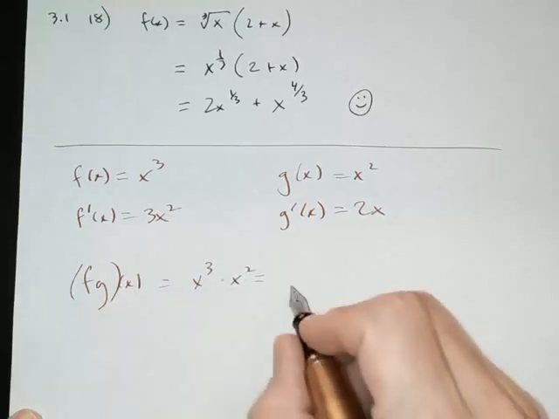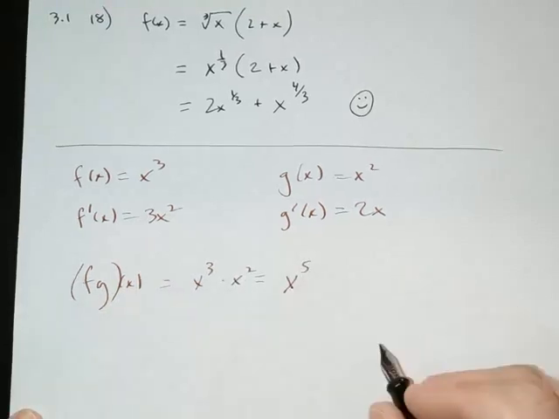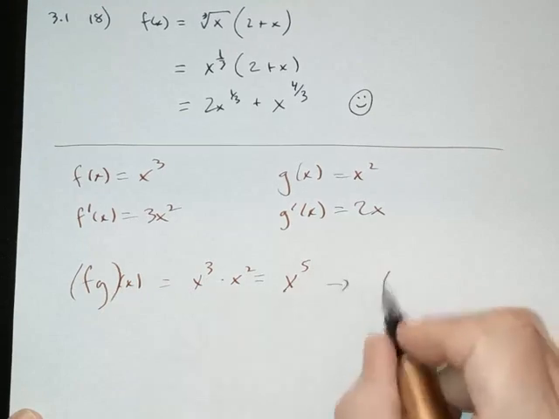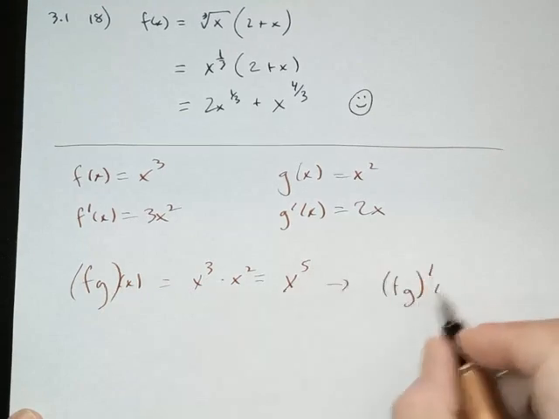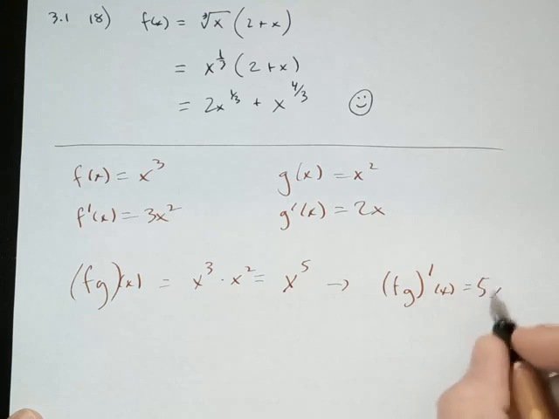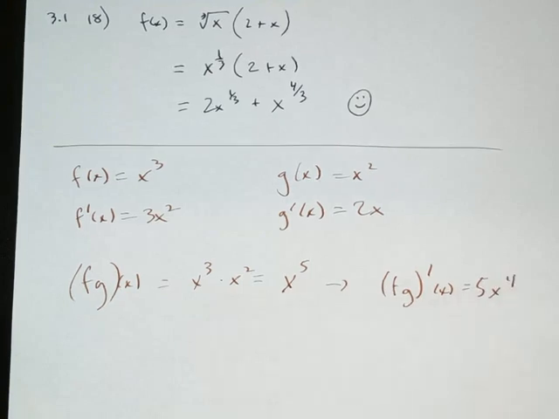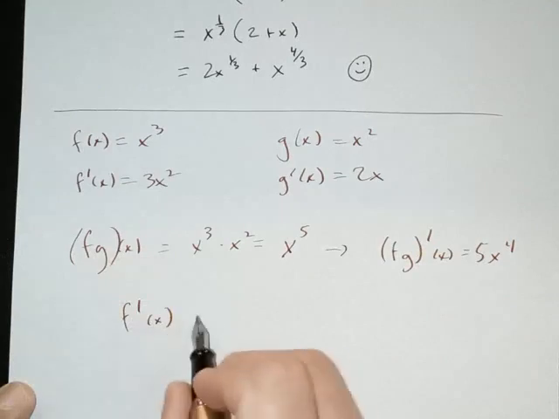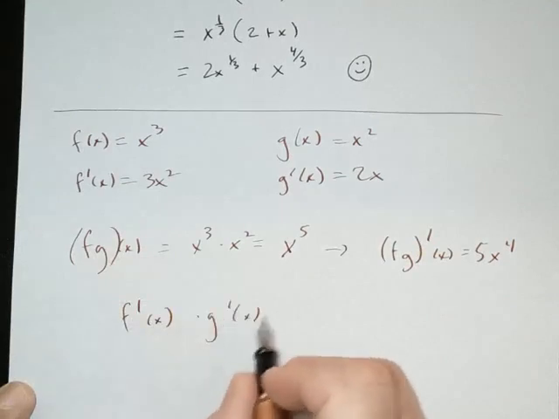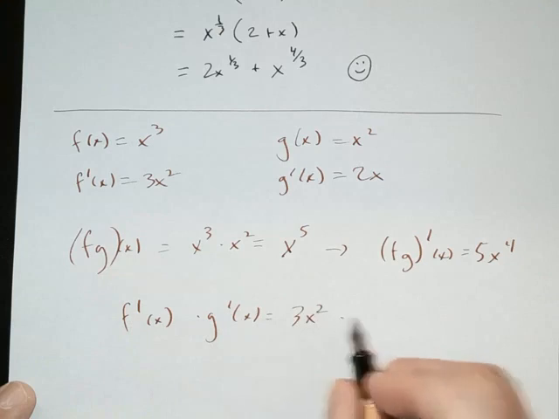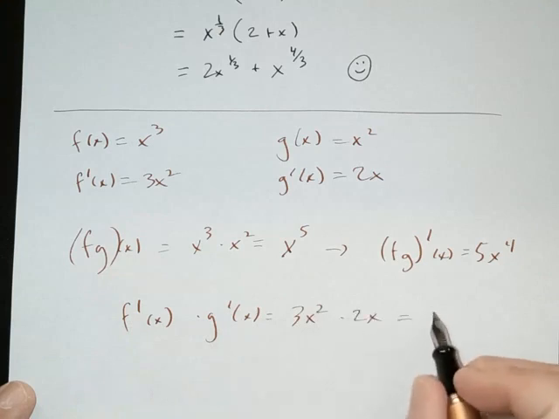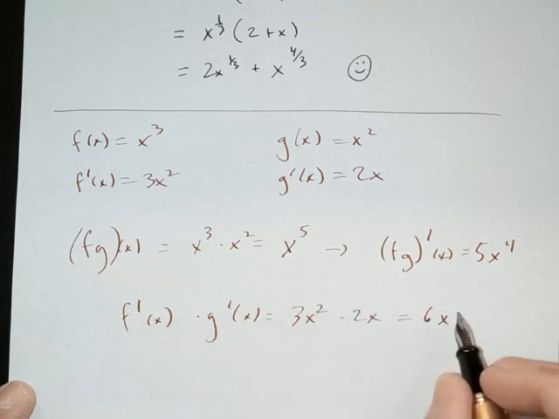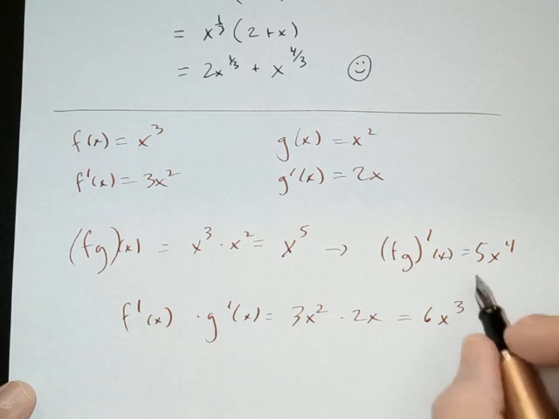And when you multiply with the same bases, you add the powers. The derivative of that would then be 5x to the 4th. But f prime of x times g prime of x, 3x squared times 2x, that's not right.